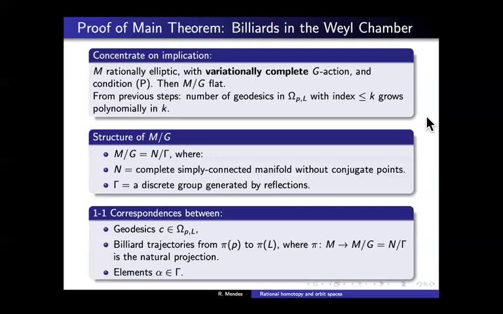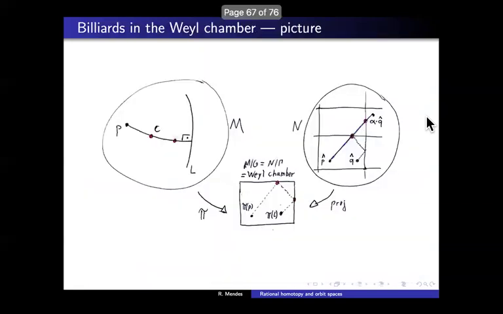But first, I'm going to show you another picture to illustrate what I just said. Again, a very high-tech picture. In this picture, you can see on the left the manifold M. We're looking at a principal point P and the principal orbit L, and all the geodesics C going from P to L.